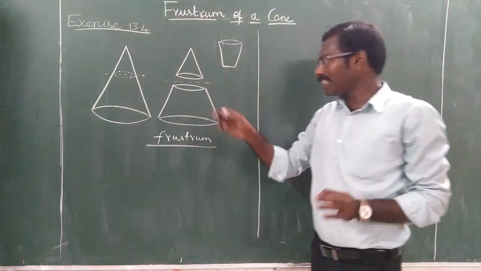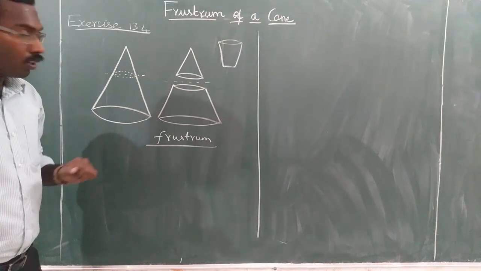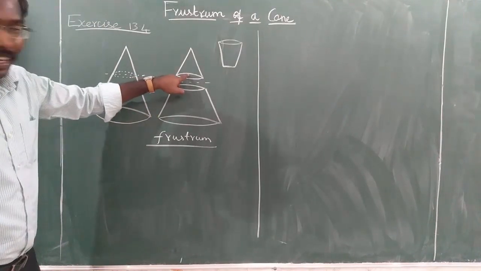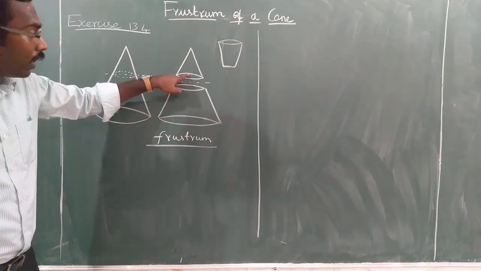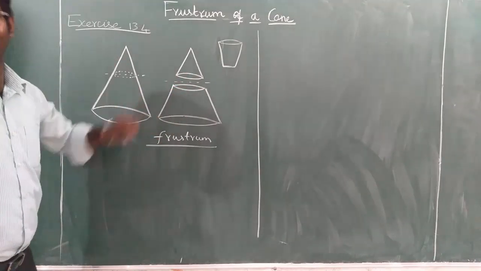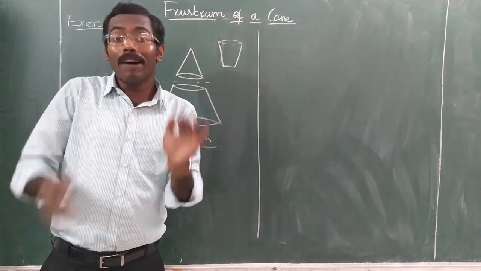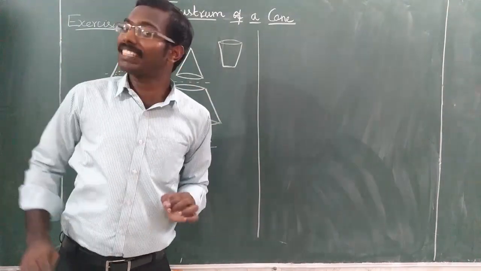When you see the structure of the frustum, it is somewhat different from the cone, because in a cone there is only one base circle. But here, how many base circles? 2 base circles. Just like a cylinder, frustum has 2 base circles. But in a cylinder, both circles have the same radius.